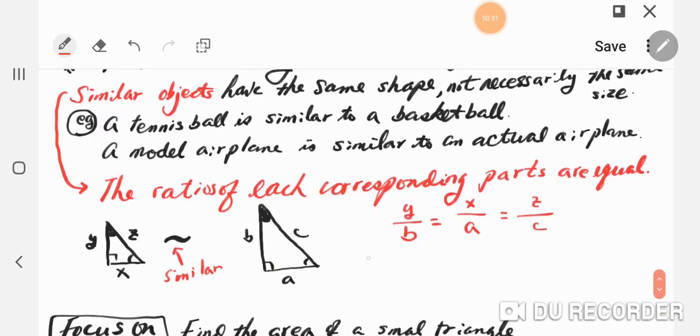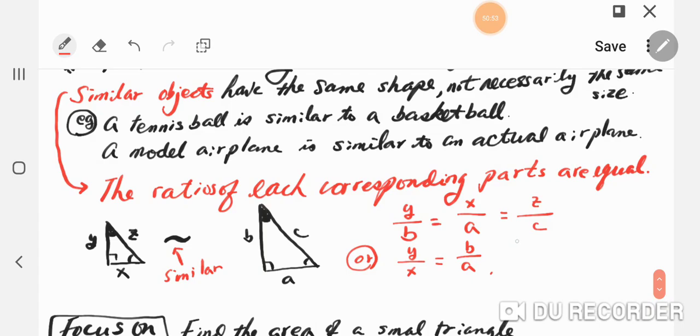Or you can write it like this. The ratio of the height to the base of the smaller triangle is equal to the ratio of the height to the base of the larger triangle. So you can write an equation like this.